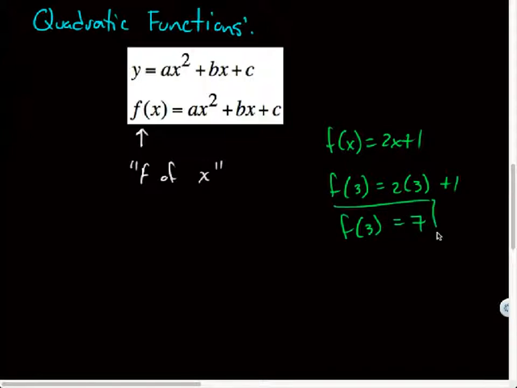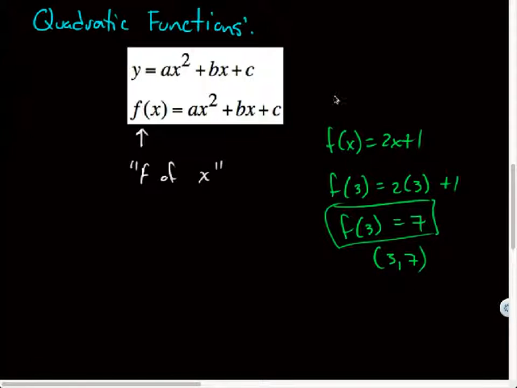So this is saying that when I inputted 3, I got a 7 back as the output. f of 3 was 7. So better than just saying y equals 7, this has the function's name, the input and the output all in the same notation. That would be 3 comma 7 if I wrote it as an ordered pair.